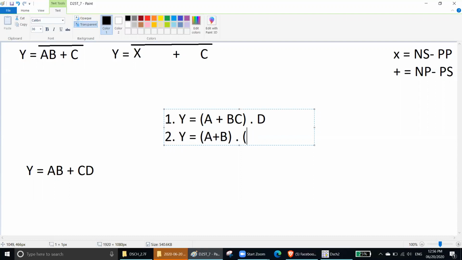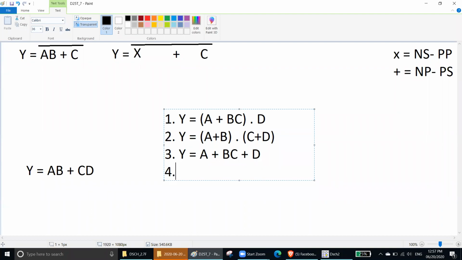This one is extremely easy. Extremely easy in a sense. This is completely opposite the design we have done right now. This one, the number 2. Number 2 is easy. Number 3 will be Y equal to A plus BC plus D.